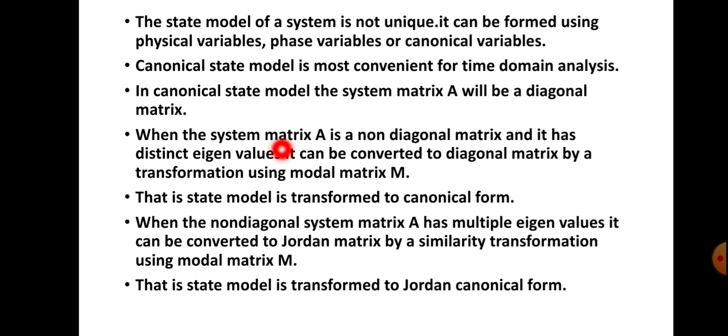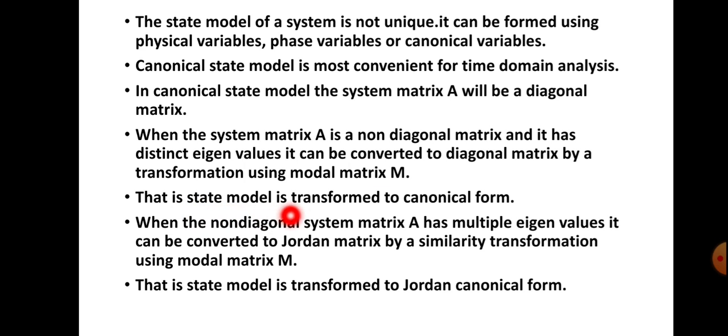So once again, suppose the system matrix A is a non-diagonal matrix, then it can be converted into a diagonal matrix by a transformation using the model matrix M. So any system matrix can be converted into another state model by using the model matrix M. That is the point here. We will go to the model matrix in the next slide.